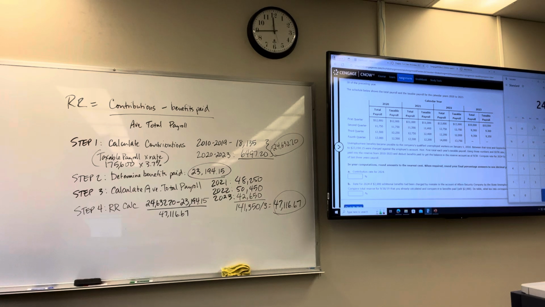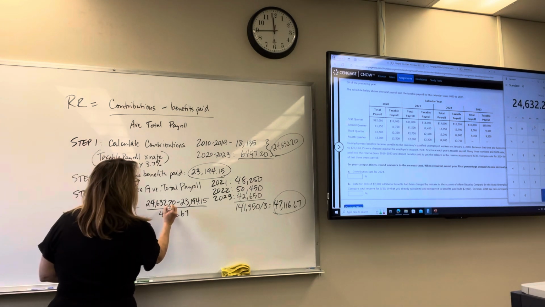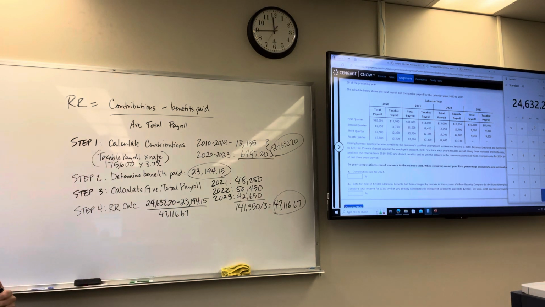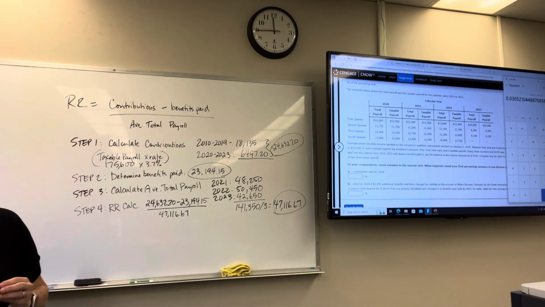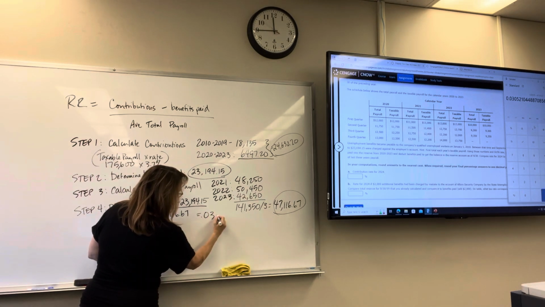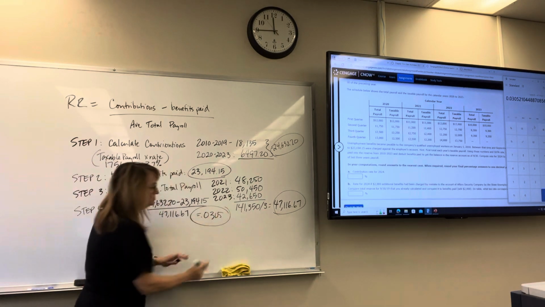So 24,632.20. Decimal there, sorry. Minus 23,194.15 divided by 47,116.67. 0.0305. This is our reserve ratio.